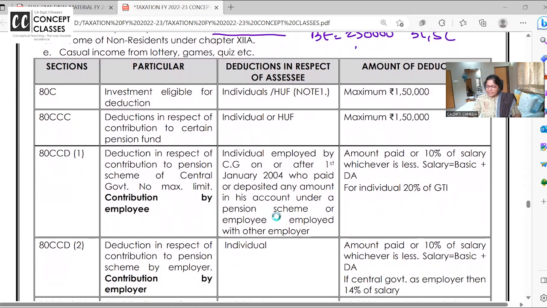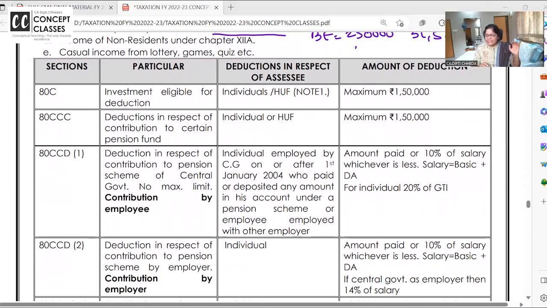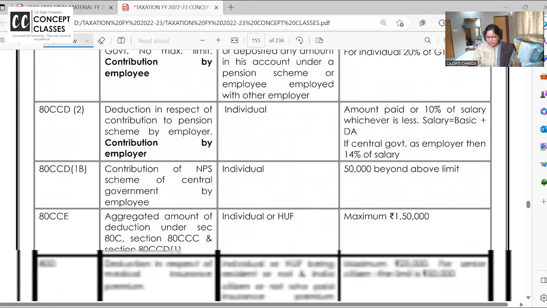Now coming to the first deduction, as we start with, this is 80C. 80C is when you invest as an individual or HUF in PPF, LIC, tuition fees, all that, you get a maximum deduction of 1,50,000. Okay. And that list is here.